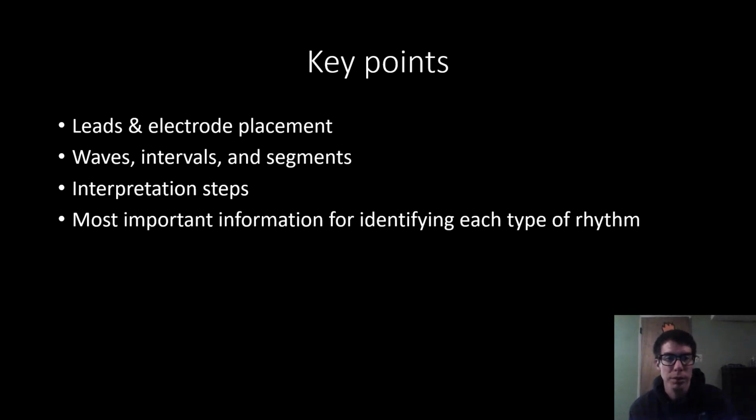So key points, and I'm actually going to write this down, otherwise I will forget. So we're going to talk about leads and electrode placement. We're going to talk about waves, intervals, and segments. We're going to talk about the interpretation steps, reviewing those.